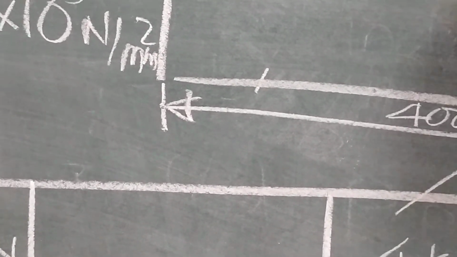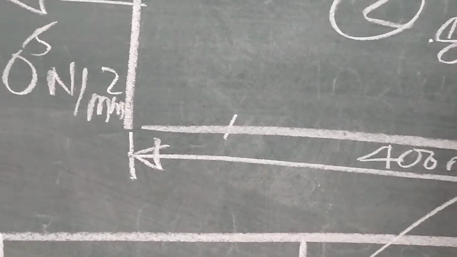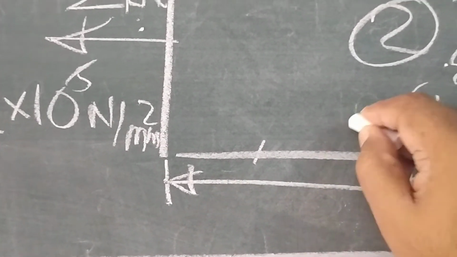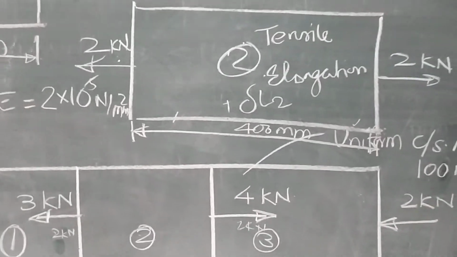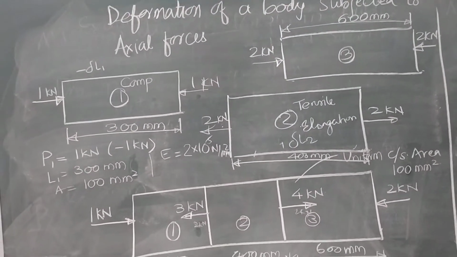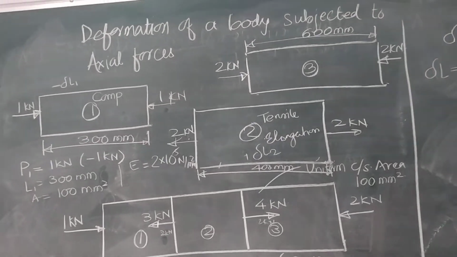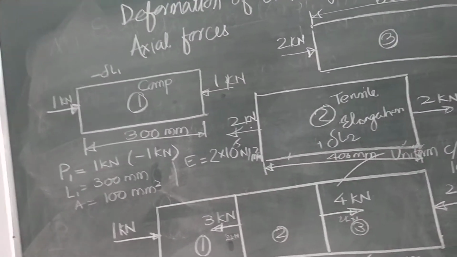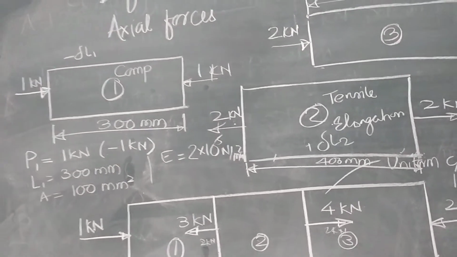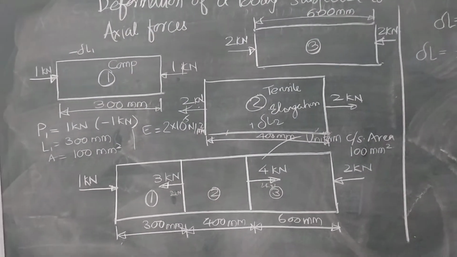So there is elongation of delta L2, that is positive. So P2 is 2 kilonewton, L2 is 400, A2 which is uniform 100 mm square, and E is given uniform 2 into 10 raised to 5.